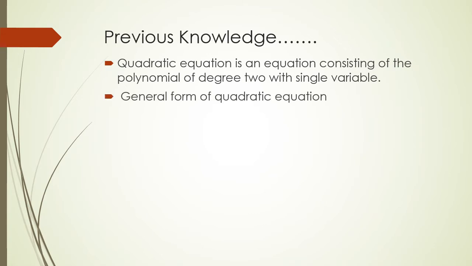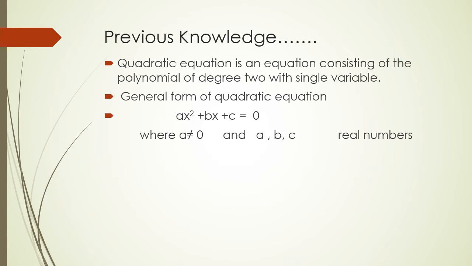The general form of the quadratic equation is ax^2 + bx + c = 0, where a is not equal to 0 and a, b, c are real numbers. We also studied the quadratic formula, that is x = (-b ± √(b² - 4ac)) / 2a.